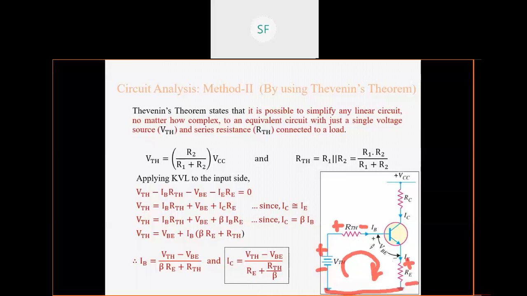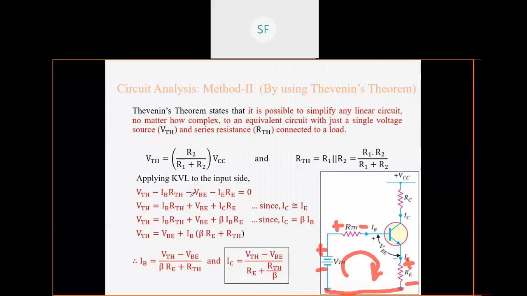So we are moving like this. So for VTH, the last sign is plus, so VTH will be positive. So next drop is drop across RTH. So last sign is minus. So the drop will be current flowing through RTH multiplied by RTH, means IB multiplied by RTH. ड्रॉप चाहिए ना आपको.